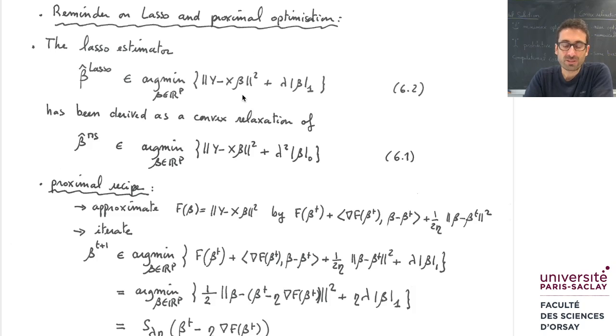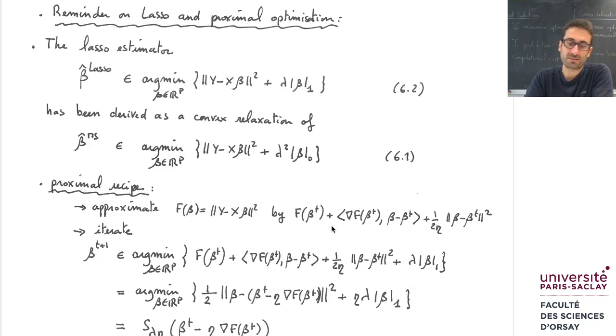More precisely, what we will do is to compute a sequence of problems. So we start from some beta 0 and then compute beta 1, beta 2, etc., by iterating some optimization where we replace this function by a proxy, which is this one. So this is a linear expansion of f around beta t, which is the current point in the optimization.